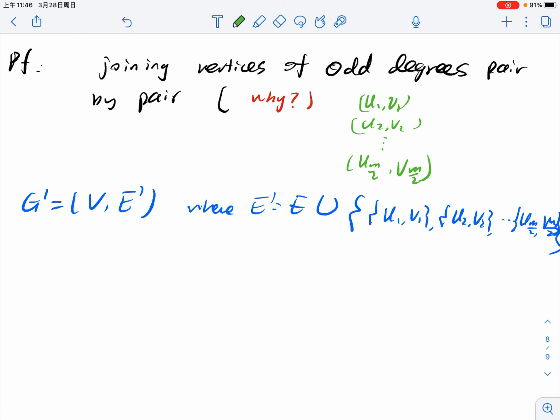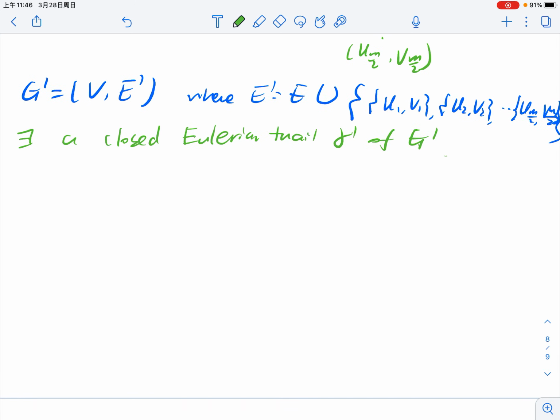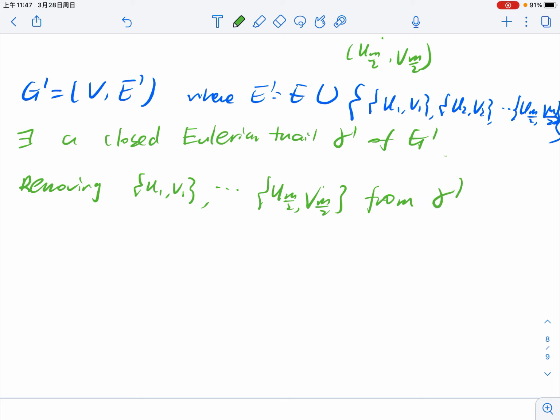Okay, and there exists a closed Eulerian trail, gamma prime, for G prime, and removing U1 V1, U2 V2, up to UM over 2 VM over 2 from gamma prime. So in other words, you need to break m over 2 times.